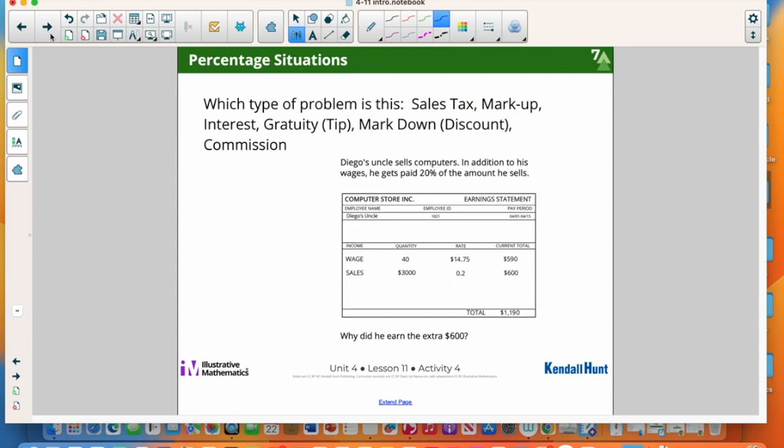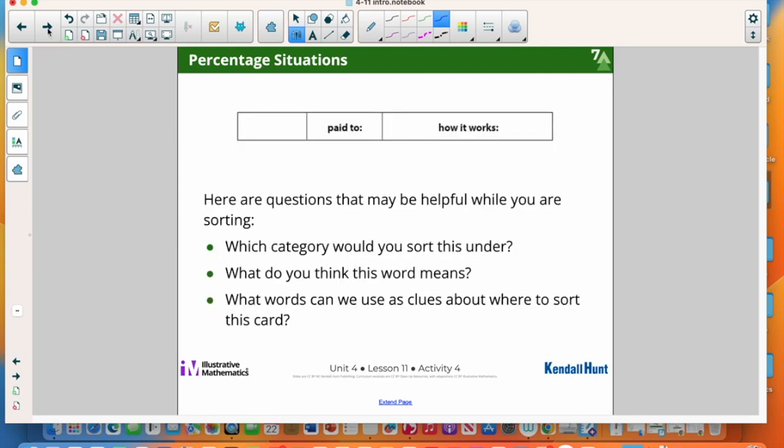And Diego's uncle sells computers. In addition to his wages, he gets paid 20% of the amount he sells. So that is our commission problem. So as you're thinking about these questions, think about, who's it paid to? Is it paid to the customer? Is it paid to the bank?